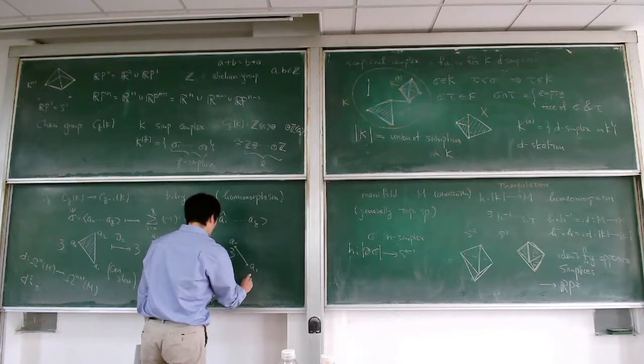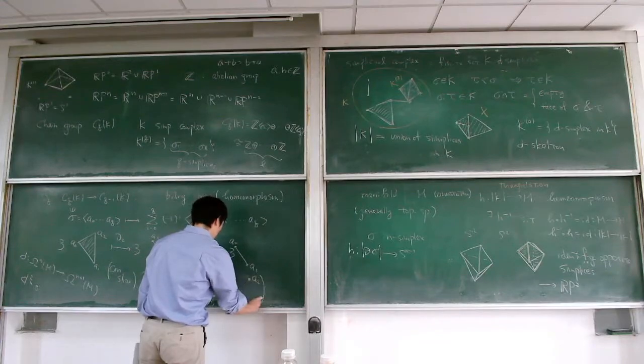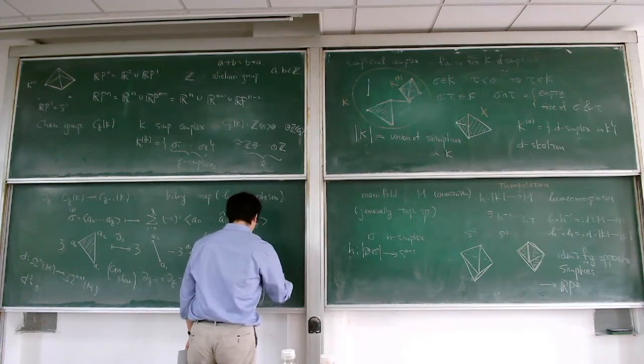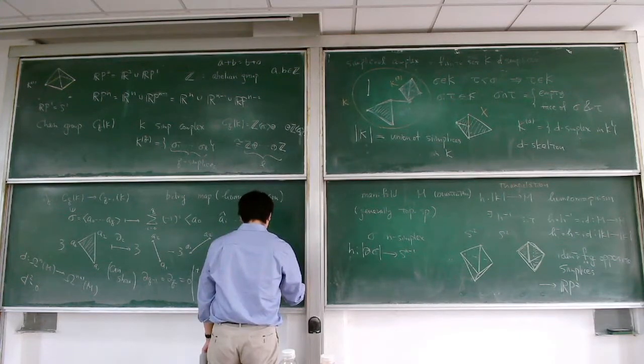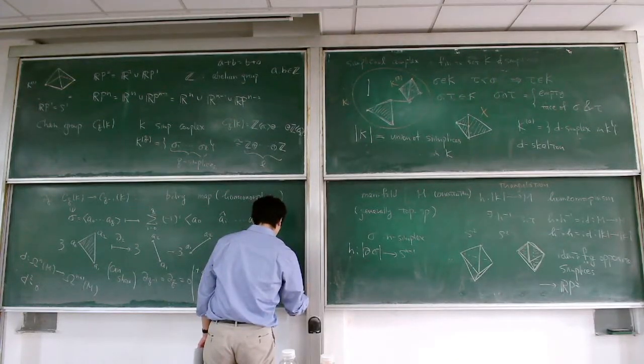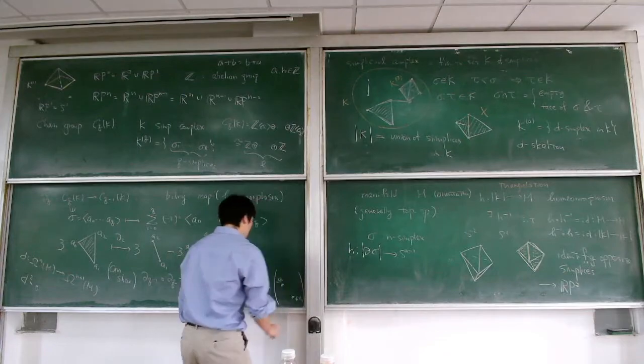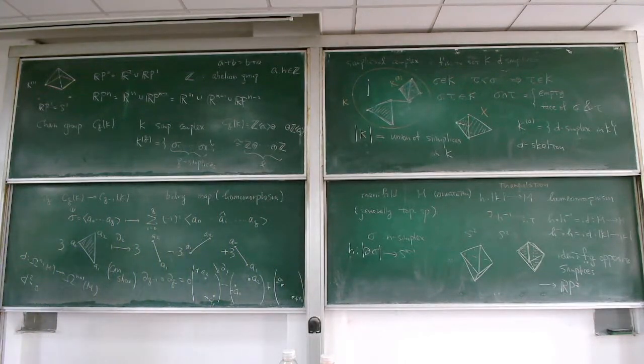When you get rid of a1, there should be minus a2. So this should be the case. Am I correct? Yeah, I think I'm correct.